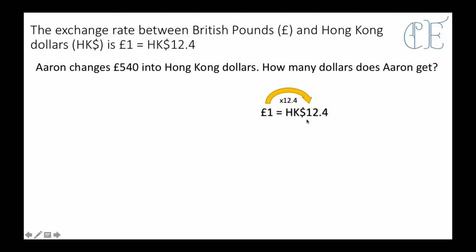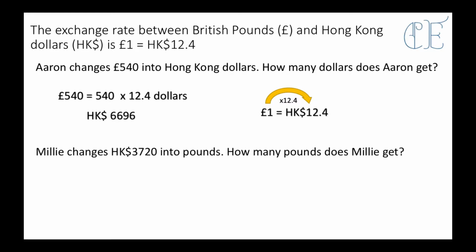So you must multiply by this. So my £540 is 540 times 12.4, giving us 6,696 Hong Kong dollars. So £540 is equivalent to $6,696.